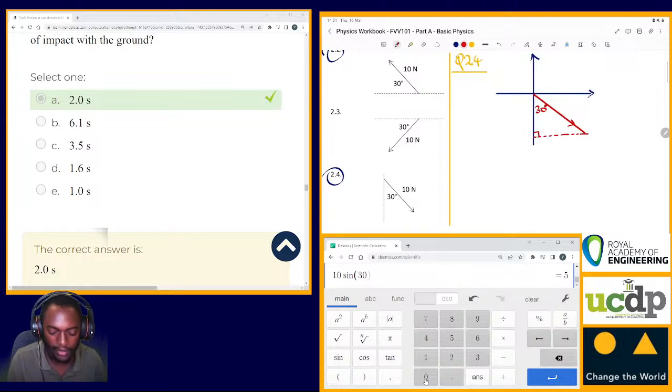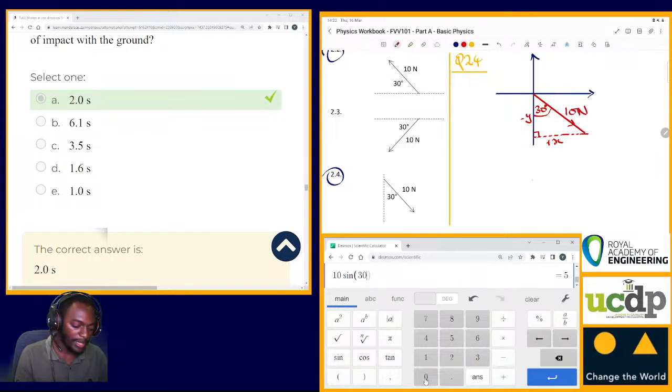We have our right angle there. This is our y in the negative, and this is our x, which is in the positive. Right. Then, since our angle is 30, looking for x, we have got the opposite. X is on the opposite, and this is our hypotenuse, which is 10 newtons.